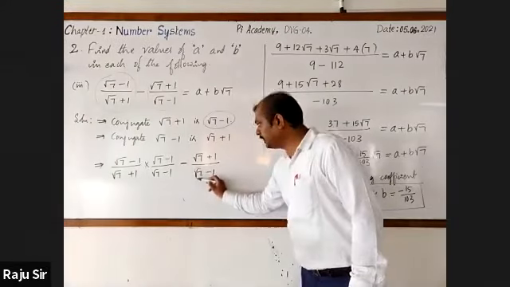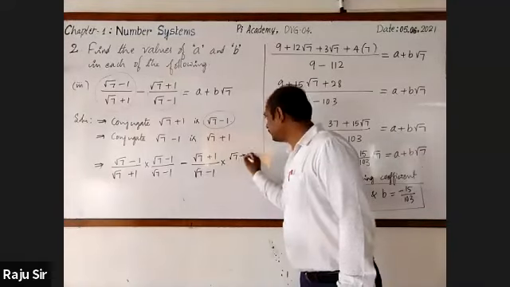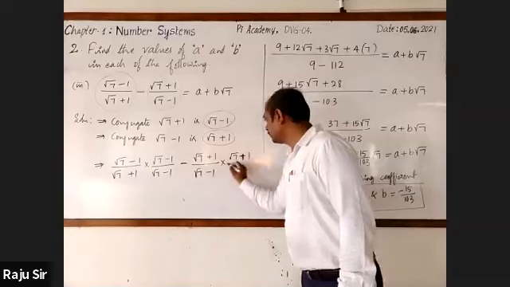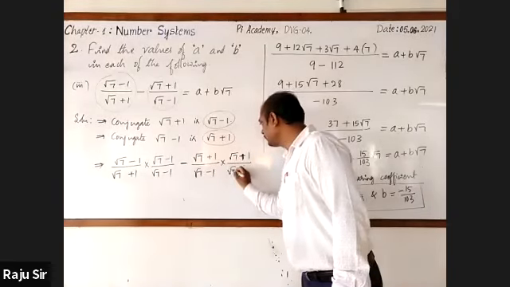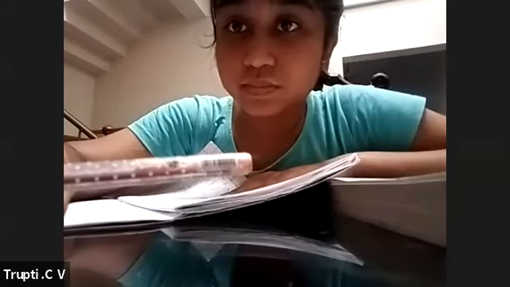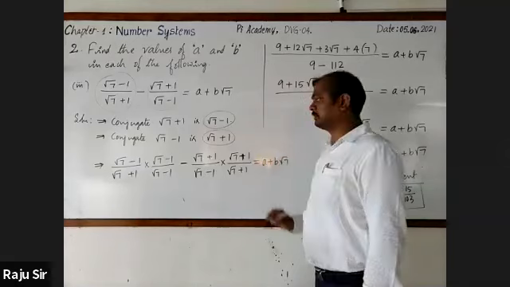We should multiply by root 7 plus 1. Very good. In the denominator, root 7 minus 1 is there. Multiply by root 7 plus 1, that is its conjugate, in the numerator and the denominator. It is equal to the RHS as it is, A plus B into root 7.